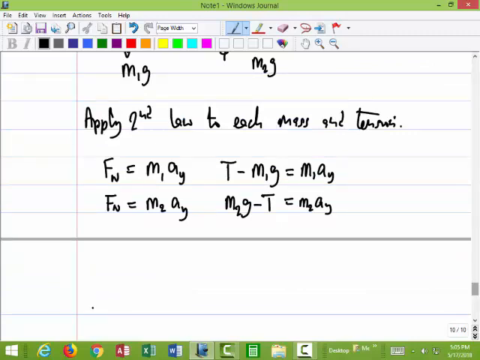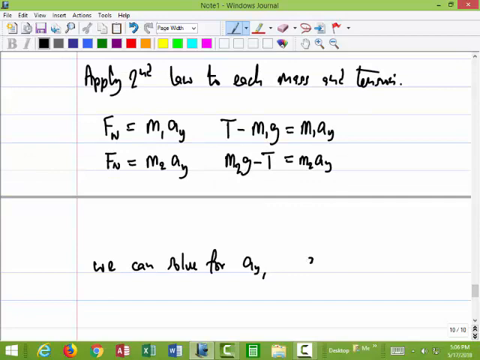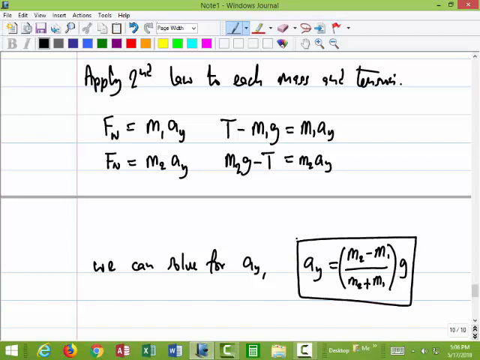We can solve for A in the y direction, and that gives us A_y equal to M2 minus M1 divided by M2 plus M1, multiplied by g. So this gives us the acceleration of the two masses in the Atwood machine.